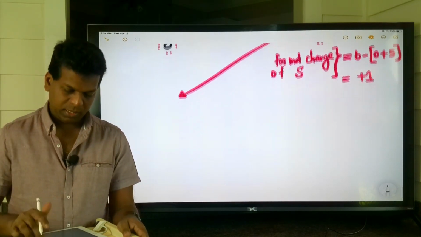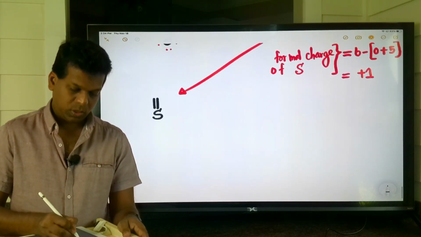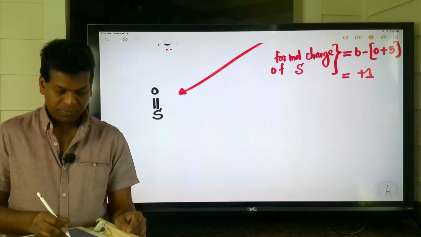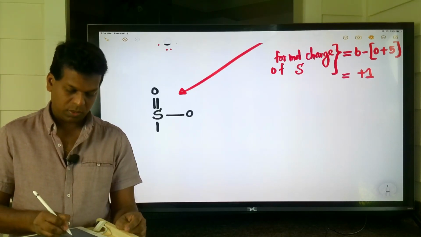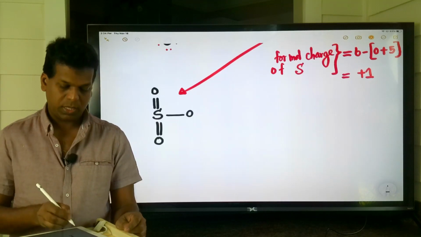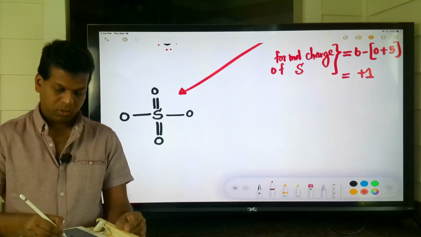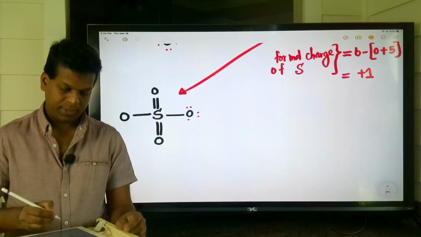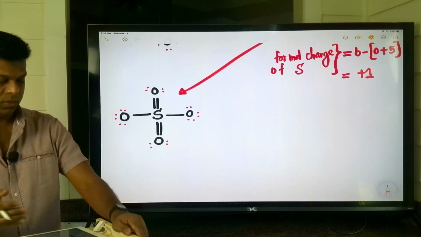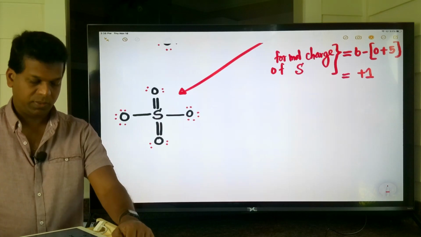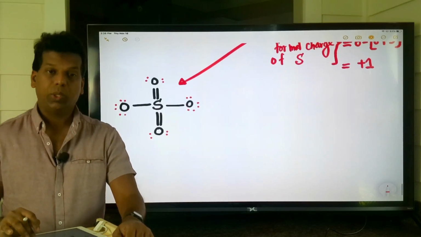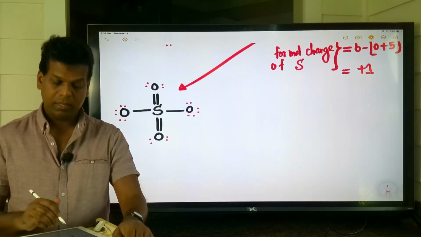So in that case this one doesn't change, this one doesn't change. So now there are 2 bonds here, this one doesn't change. So the electron distribution is like this. So now if you calculate the formal charge of sulfur, you will see it is 0.